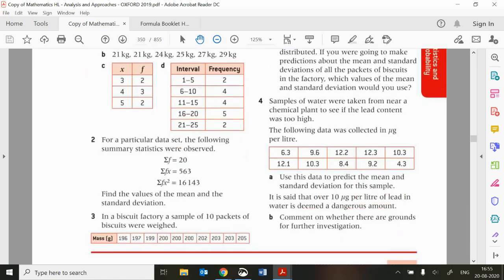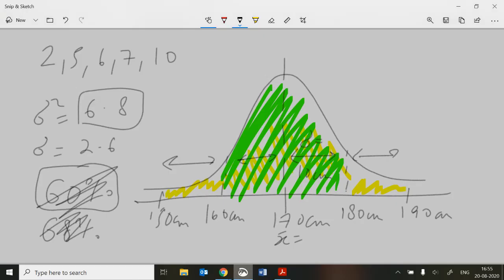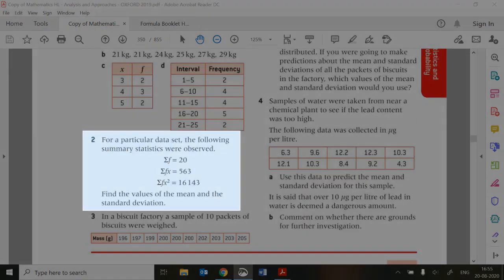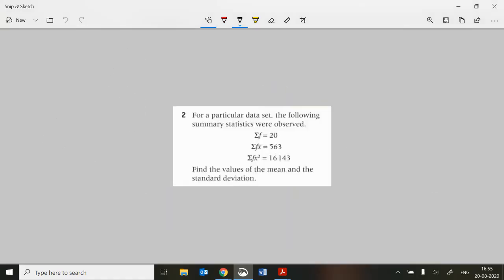So for question 2 here, let's have a little look at this one. This is a classic type of question. Because you don't have much time in an exam and you have non-calculator exams, you think this definitely can't turn up non-calculator. Yes, it can, because you can use that formula: sigma f x squared over n minus x bar squared is equal to your variance.